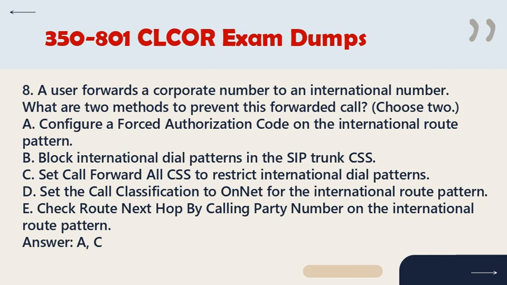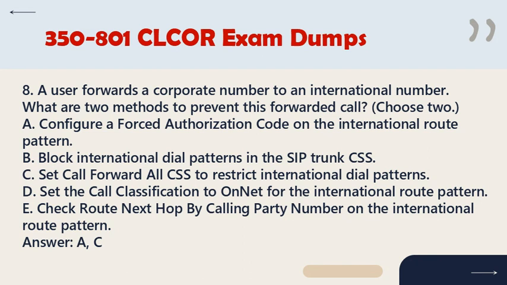8. A user forwards a corporate number to an international number. What are two methods to prevent this forwarded call? Choose two. A. Configure a forced authorization code on the international route pattern. B. Block international dial patterns in the SIP trunk CSS.